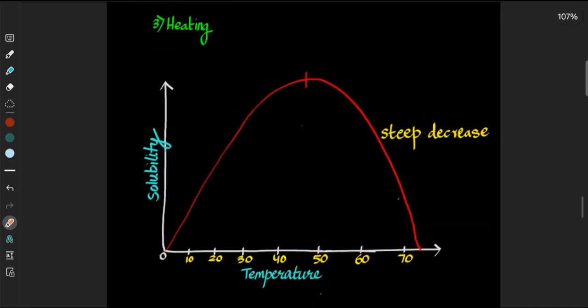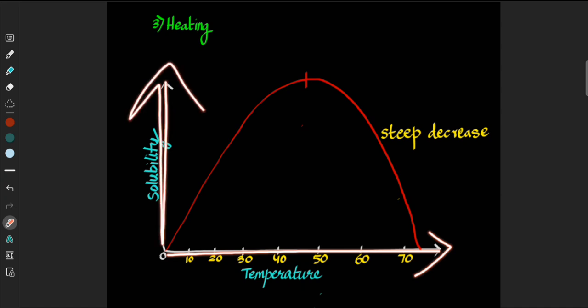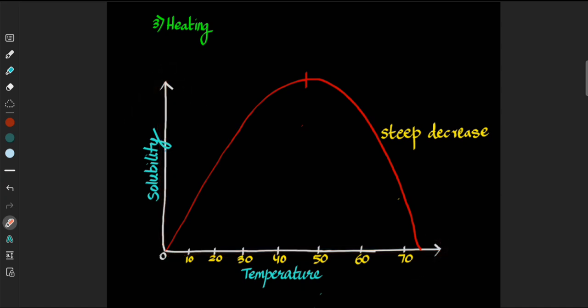Okay, so now as you can see, this is the temperature on the x-axis and solubility on the y-axis, right? Whenever the temperature is increased, the protein solubility increases, and then it reaches a certain point, around 40 to 50, right?